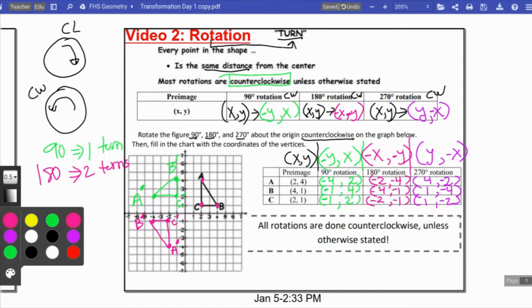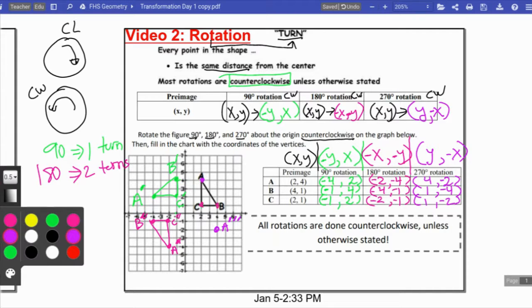Let's do the last one, 270 counterclockwise. A will be located at (4, -2). A prime. To make my life easier, you should make this triple prime, and these will be double prime, to tell the difference.